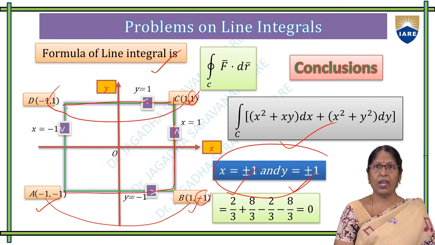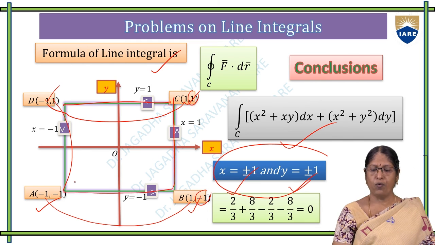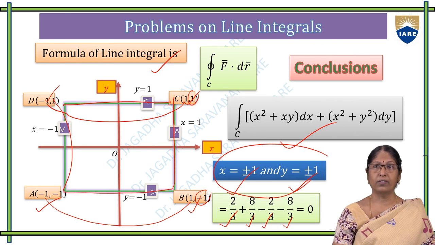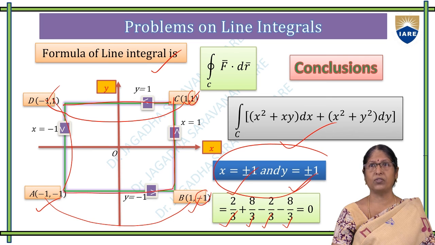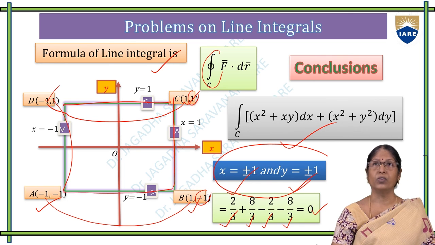From D to A, y direction, 1 to minus 1. For AB 2 by 3, for BC 8 by 3, CD minus 2 by 3, DA minus 8 by 3. Finally, adding all the 4, AB plus BC plus CD plus DA, which is nothing but our complete closed curve, the result is 0.